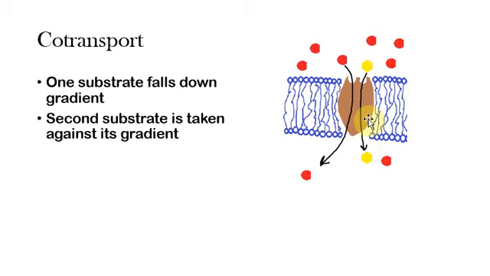As a whole, it won't actually use energy, but there might be another pump that's pumping in order to maintain this other concentration gradient. So that's why we included it with active transport.